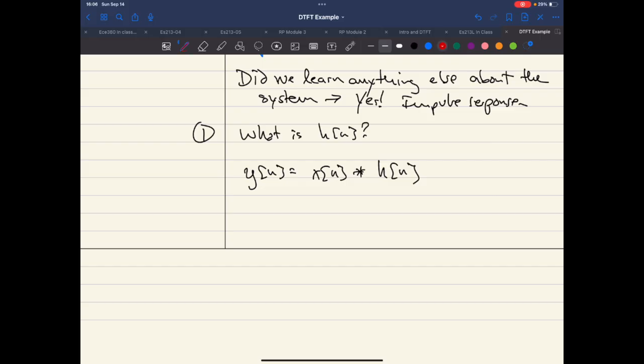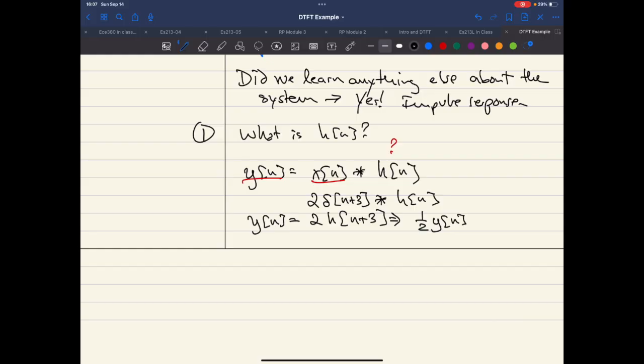So known, known, missing. Okay? We now have 2 delta[n] plus 3 convolved with h[n] here. And we have y[n] is equal to then 2 times h[n] plus 3, which means that 1/2 of y[n] convolved with a delay in this direction.